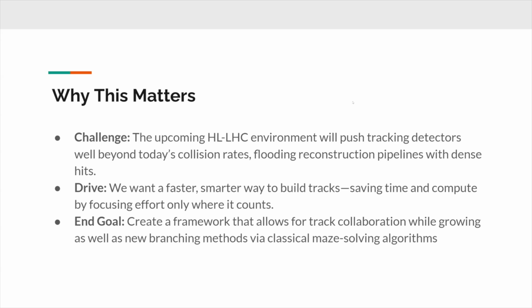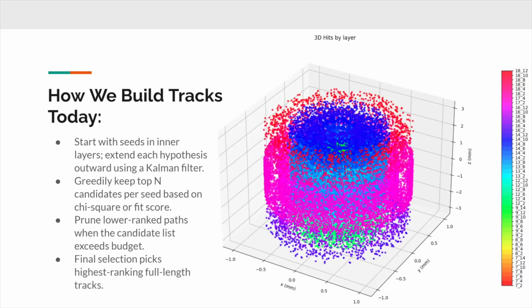But first we need to understand how it works now. They start at the inner seed layers, and they propagate them outward using the Kalman filter, which is kind of the standard in track building. They build a bunch of tracks and then prune the ones that score lower.